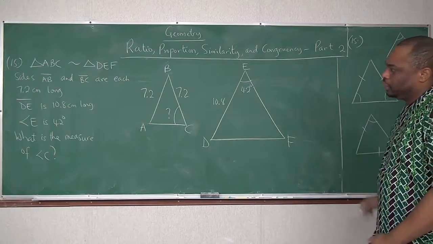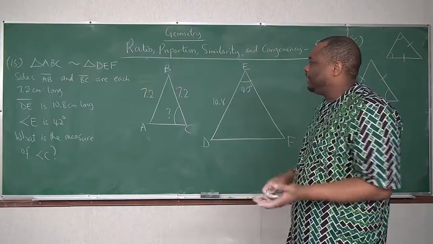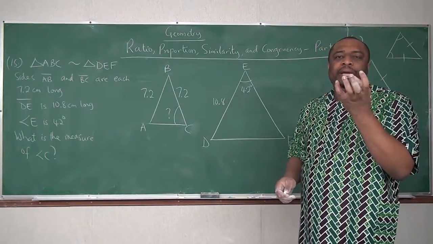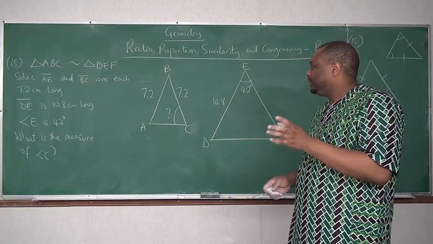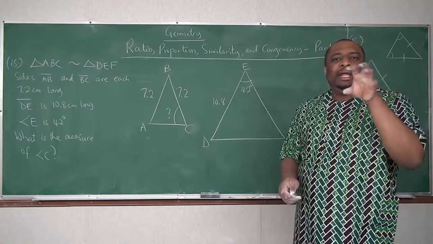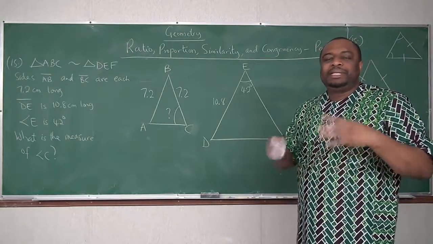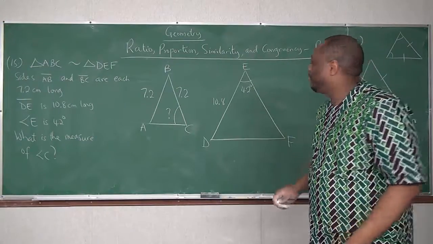So they already told us it's similar. And with similar triangles, remember, the corresponding angles are congruent, and the lengths of the corresponding sides are proportional.